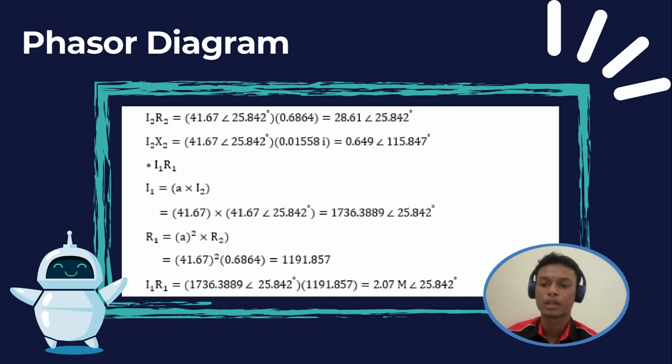The value of I2 R2 is 28.61 with angle 25.842 degree. The value of I2 X2 is 0.649 with angle 115.847 degree. Next, the value of I1 times R1, we get 2.07 times 10 to the power of 6 with angle 25.842 degree.